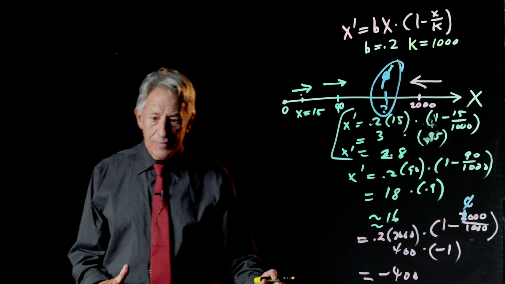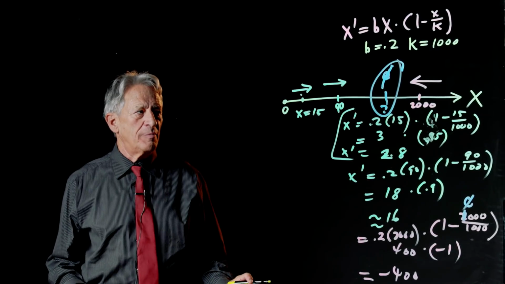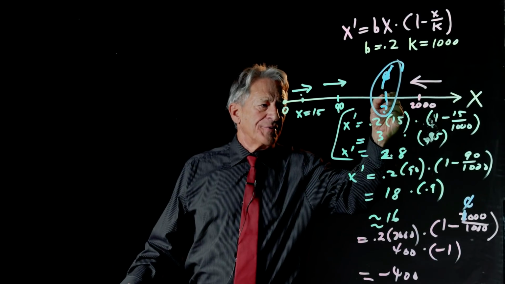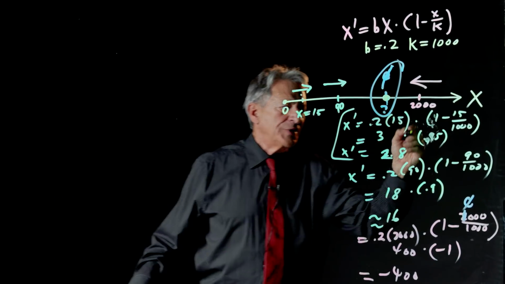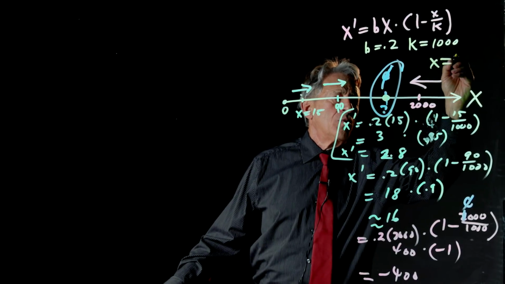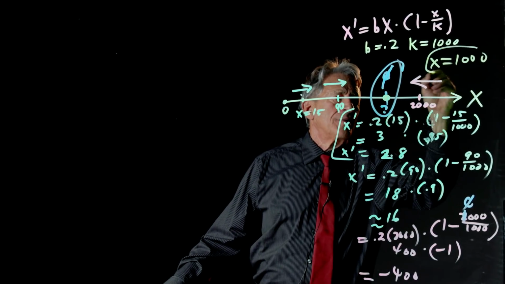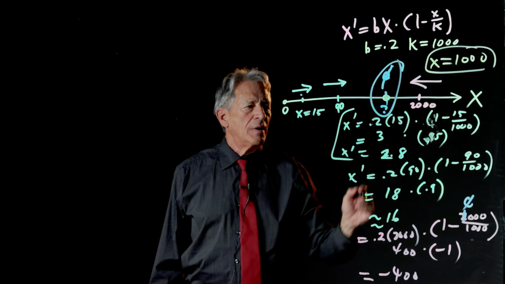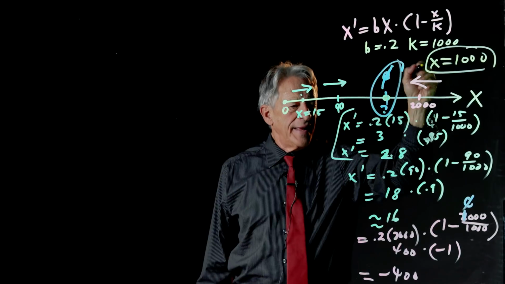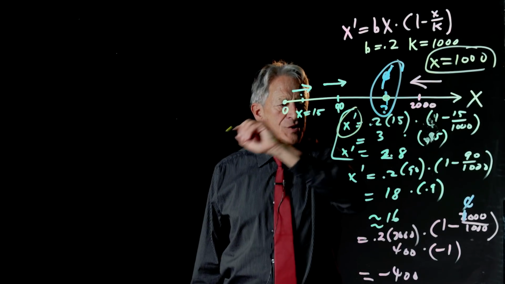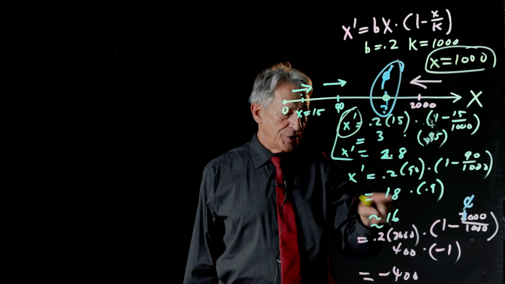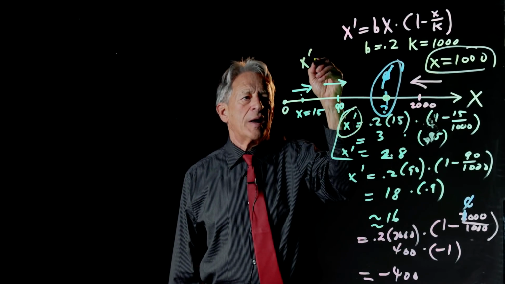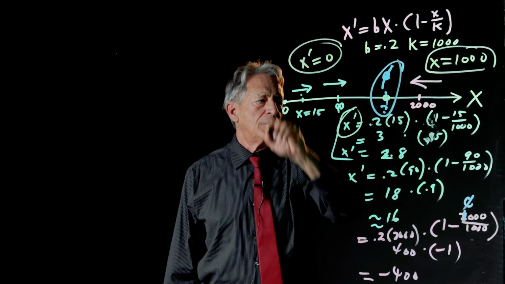So let's be absolutely clear about what we're talking about here. This here is the point x equals 1,000. That says 1,000 rabbits at this point. And when we plug that x value into the x prime change equation, that's when we get the answer x prime equals 0.